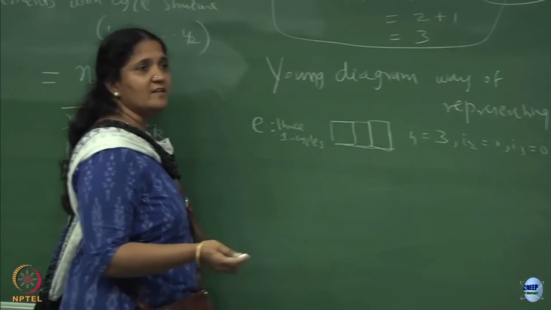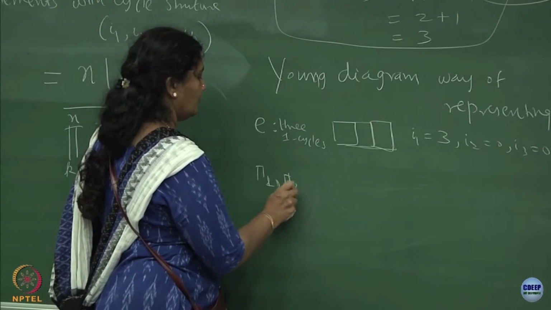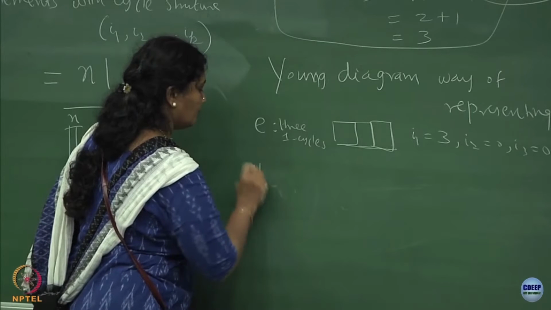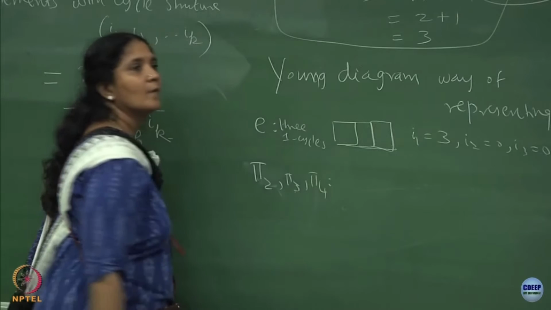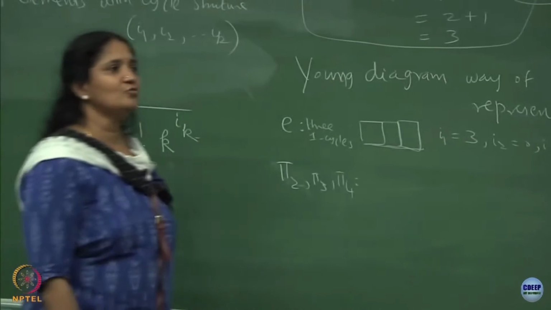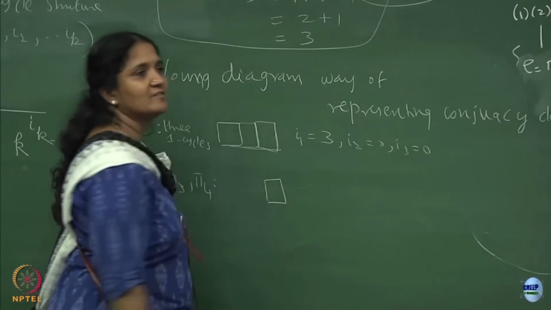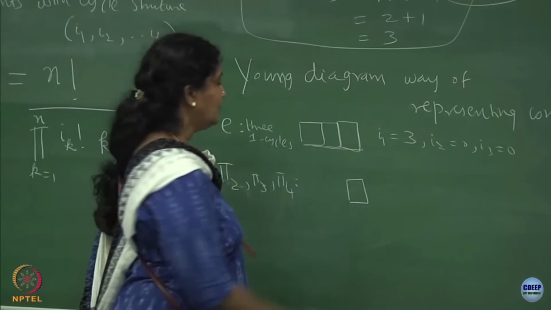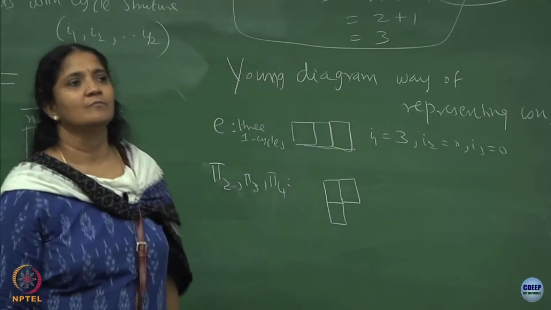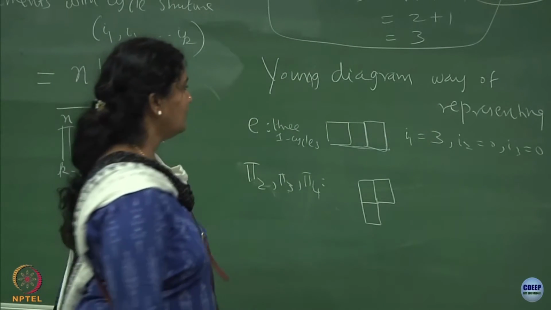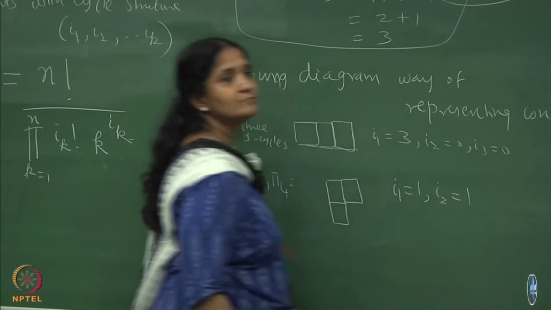The next conjugacy class you all know is pi 2, pi 3, pi 4. It has 1 2 cycle and 1 1 cycle. For a 1 cycle I have already said you have to put a single box. A 2 cycle you will always put a vertical 2 box. Okay. So, this is I1 is 1, I2 is 1.